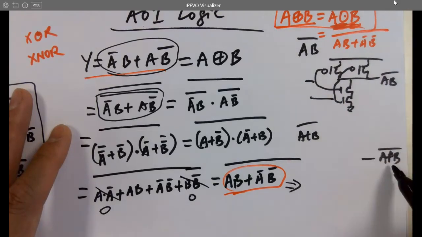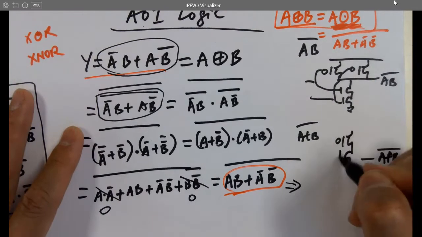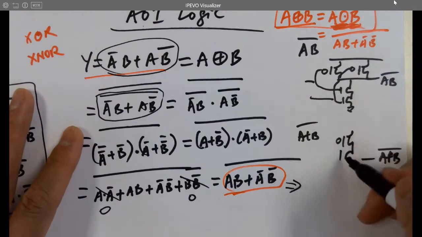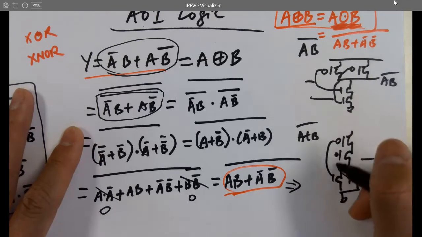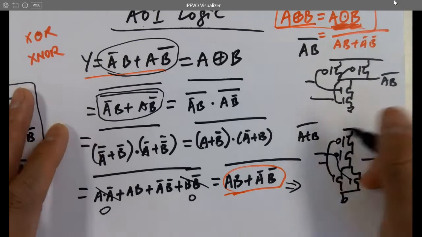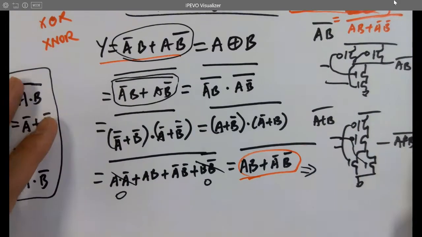If you have OR logic, like a NOR gate, you put two PMOSs in series and two NMOSs in parallel. And that's everything you need to know to work on all the other logic equations.